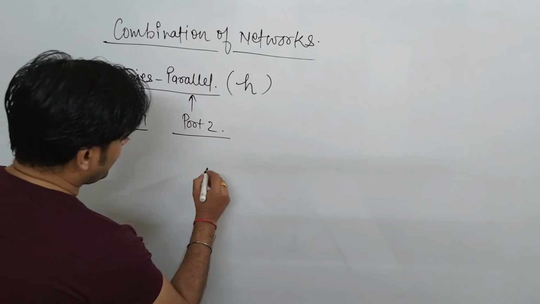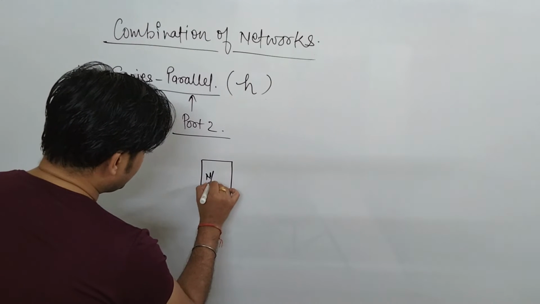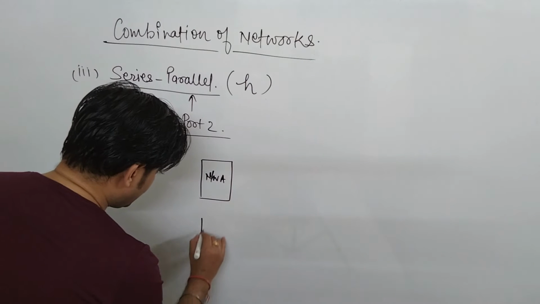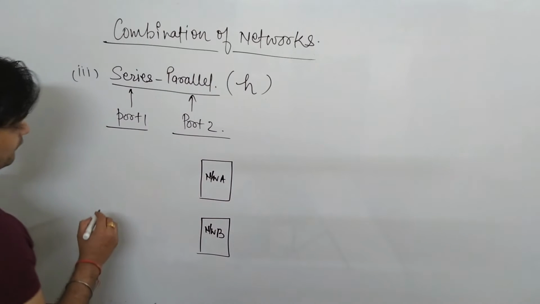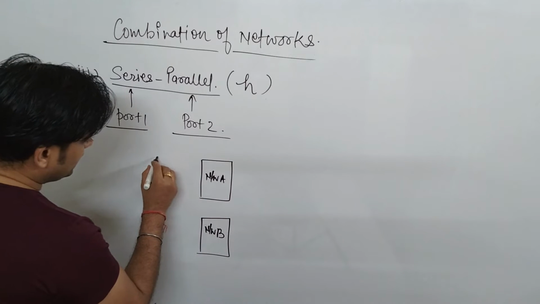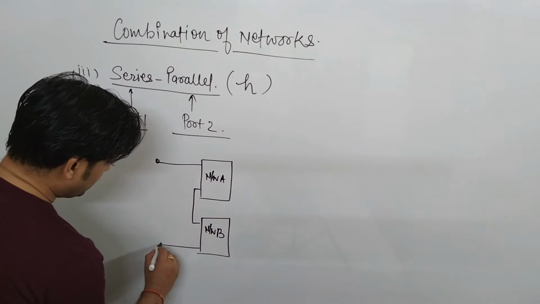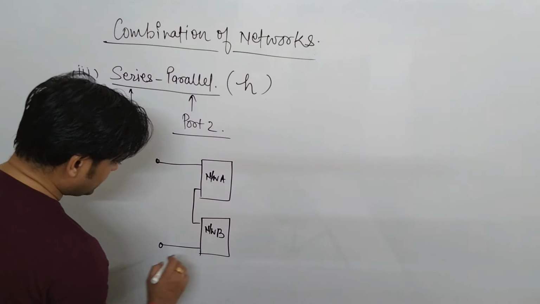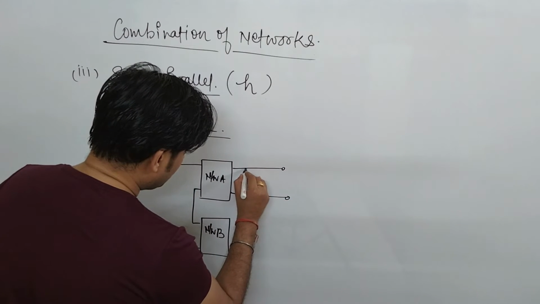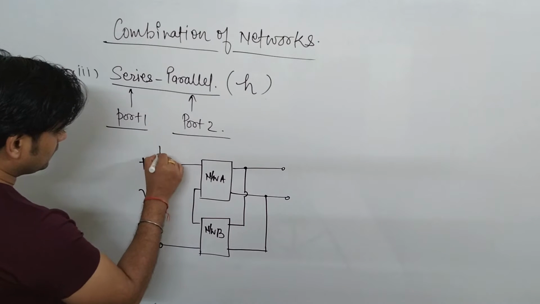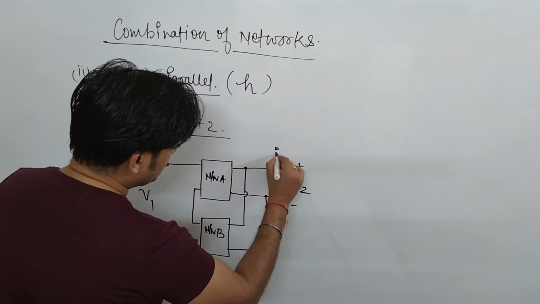So as I said, if two networks, say this is network A and this is network B, are connected in series parallel form, that means the port 1 configuration is in the form of series and your port 2 configuration is in the form of parallel. Okay. So if this is V1, I1, this is V2, I2.